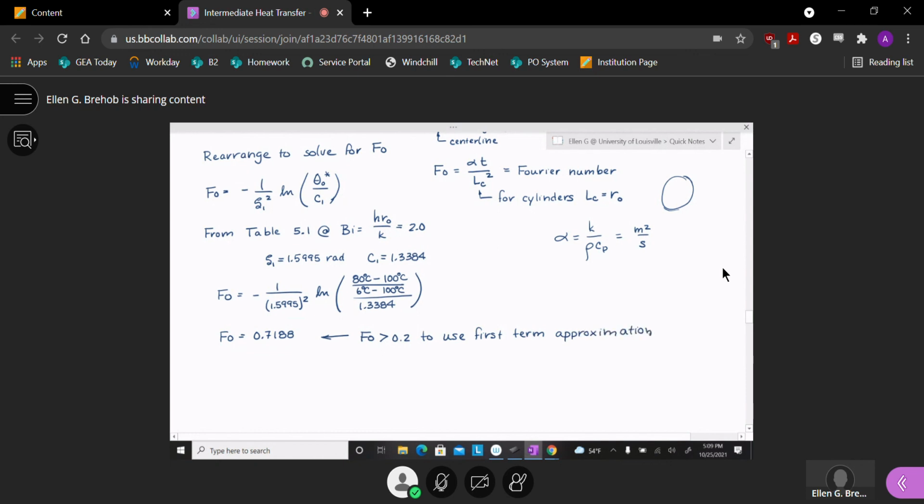Okay, so we're good. We got a larger Fourier number. And then we're reminding 0.7188 is alpha t over R0 squared. And we want to solve for t.